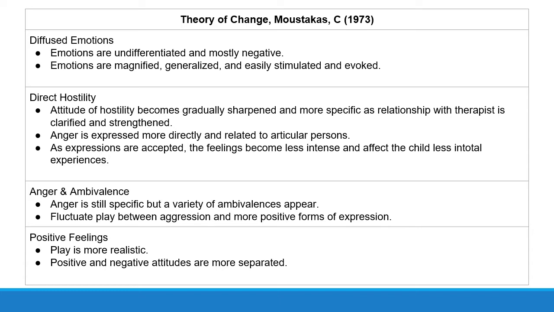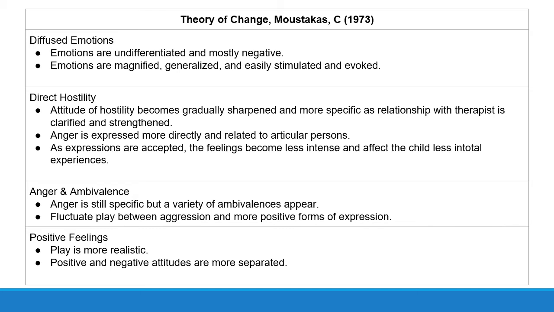Attitude of hostility becomes gradually sharpened, more specific, as the relationship with the therapist is strengthened and grows. Anger is expressed more directly and related to, that should say, a particular person instead of particular persons. And also in direct hostility, as expressions are accepted, the feelings become less intense. So that acceptance in therapy is what helps the child to affect the less total experiences.